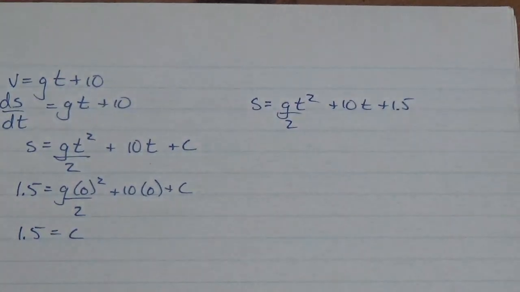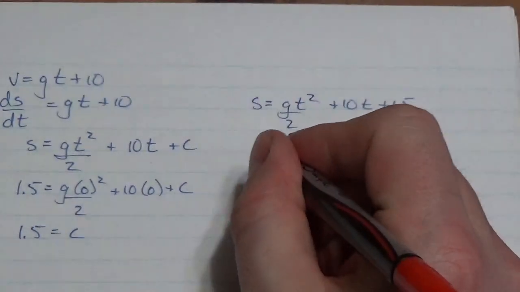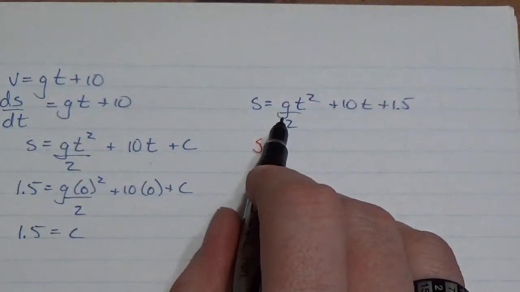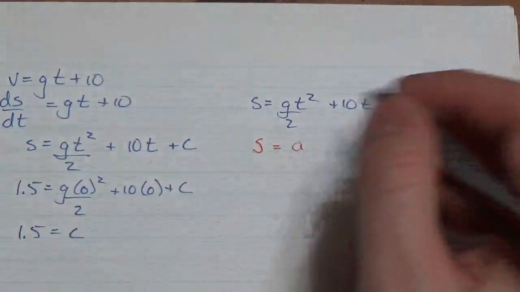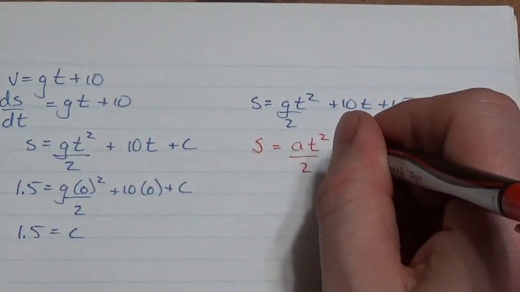Now, again, I can't resist just showing you this. Let's go back here. This means my displacement is equal to, well, let's get rid of the g again. Let's just call it a to represent acceleration, kind of in general. At squared over 2.